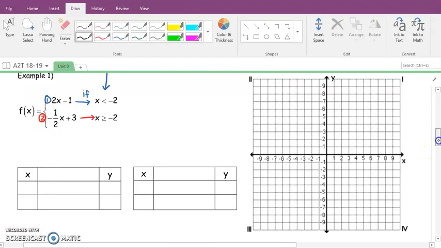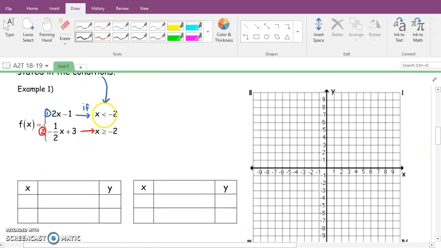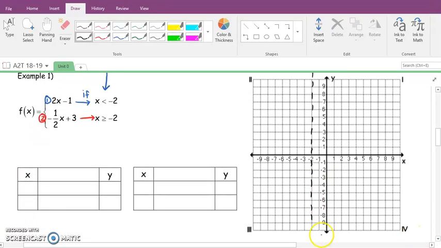Here, the first equation is for x less than negative 2, and the second is for x greater than or equal to negative 2, so my condition number is negative 2. I'll draw a little dashed line on my graph. It helps me stay organized and know exactly what to expect: one graph on the left side of this line and a different graph on the right side.